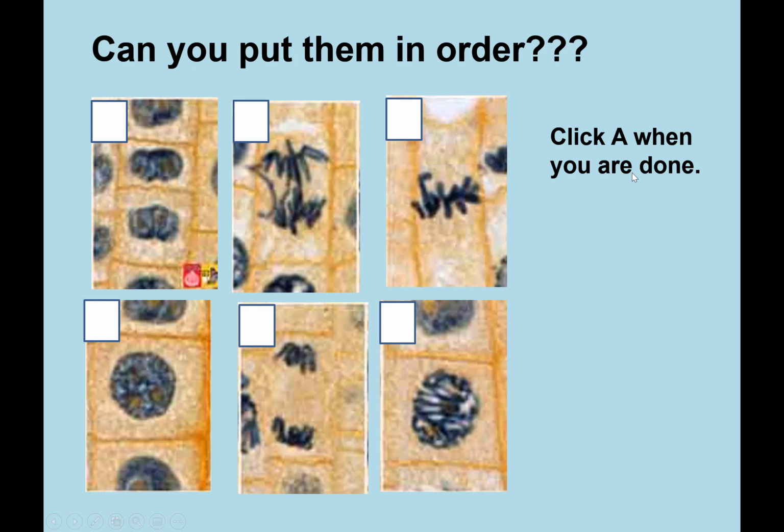All right. Oh, well, don't click A because we're not doing that. But can you put these in order? So the answer's on the next slide. So if you haven't done it yet, pause.